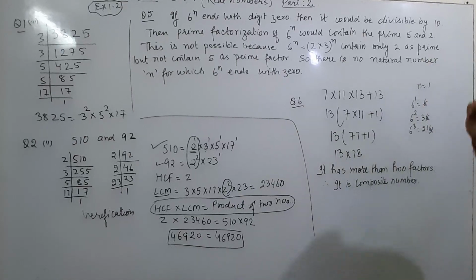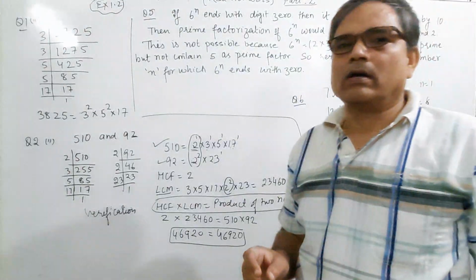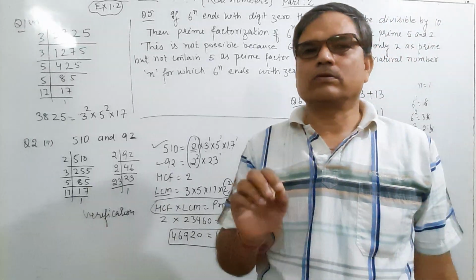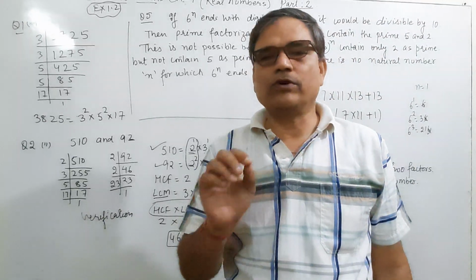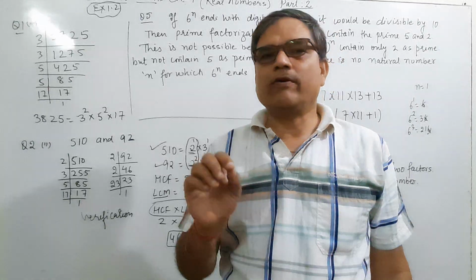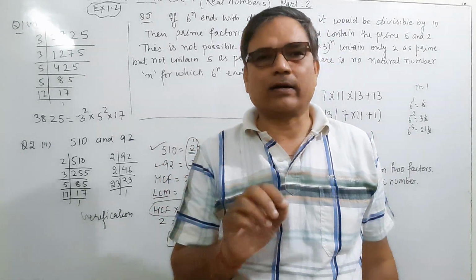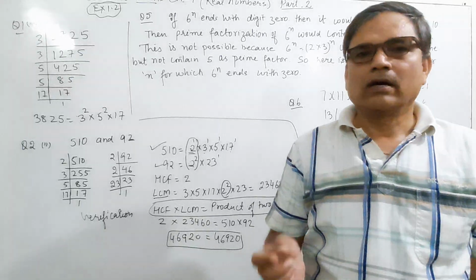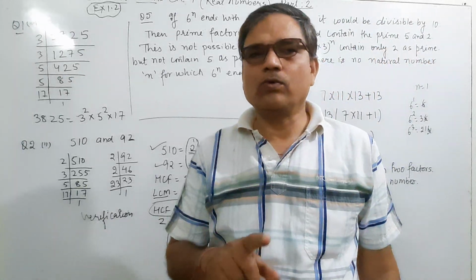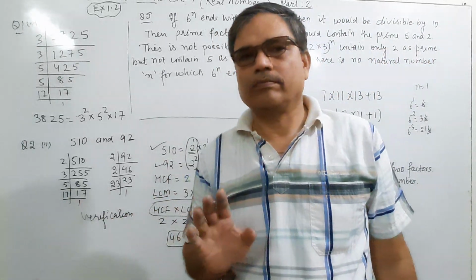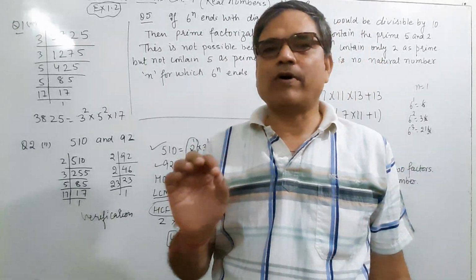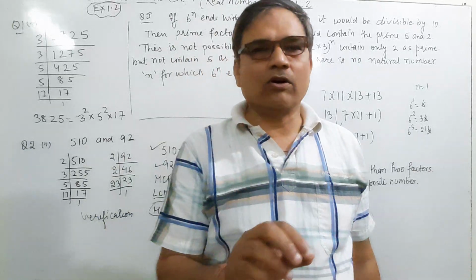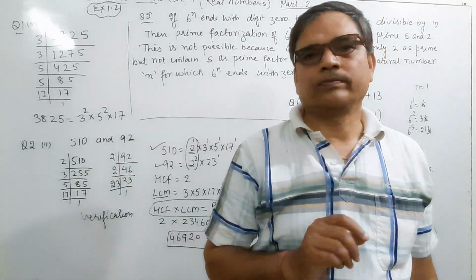Therefore, 6 to the power n would contain 2 and 5 as prime factors, but 6 to the power n contains only 2 as a prime factor. It does not contain 5 as a prime factor. Therefore, it does not end with 0.